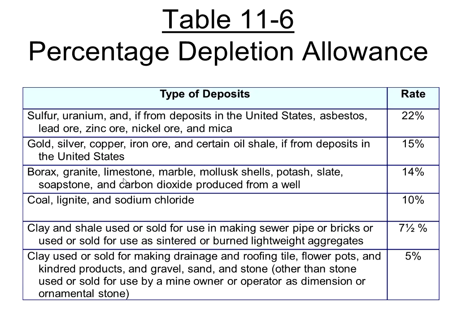For borax, granite, limestone, marble, we have 14%. For coal, lignite, sodium chloride, we have 10%. For clay, we have 7.5%. And for clay used or sold for making drainage or roofing tile, we have 5%. So you can see these percentage depletion allowances. This is the table you use to find the percentage depletion.